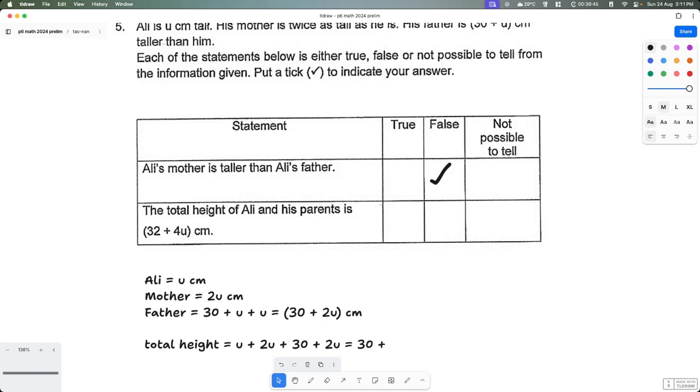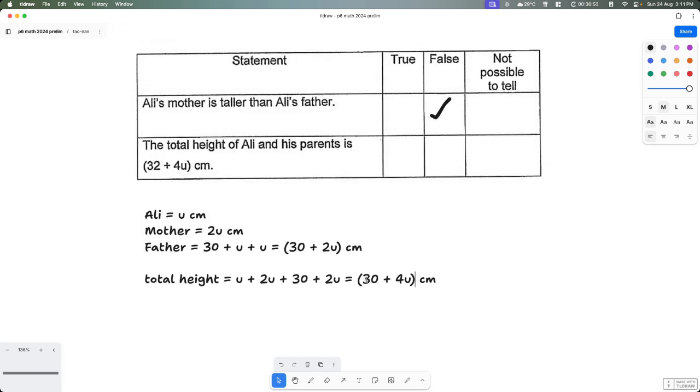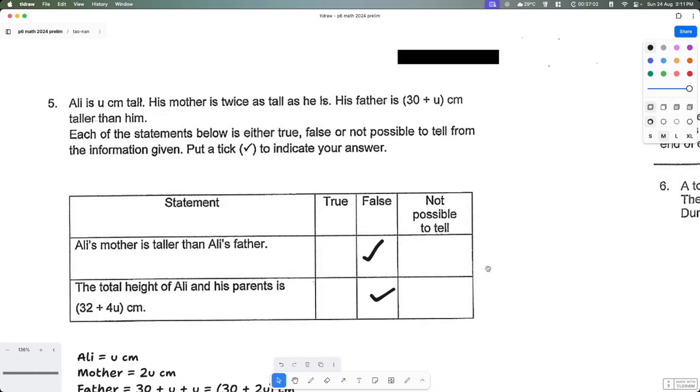Right, 30 plus 4u. Okay, correct. Oh, sorry, this is 5u, not 4u. 5u. So the answer is false. Oops. False. All right, let's move on to the next question.